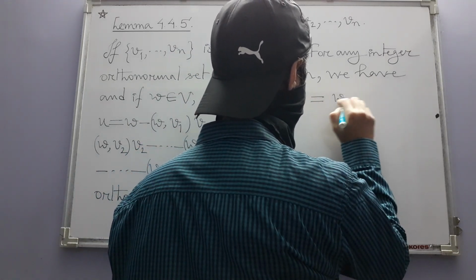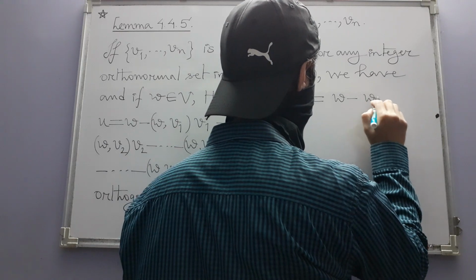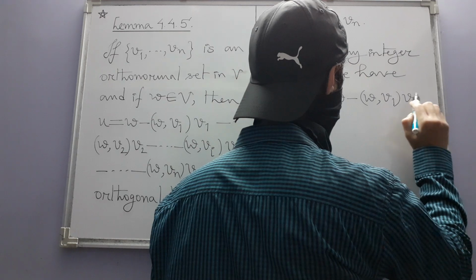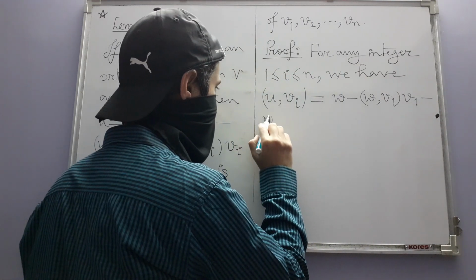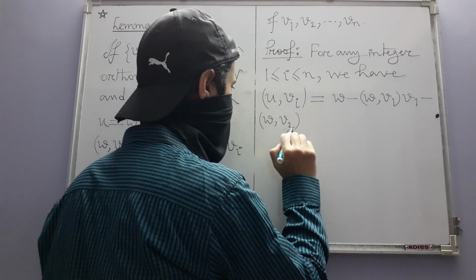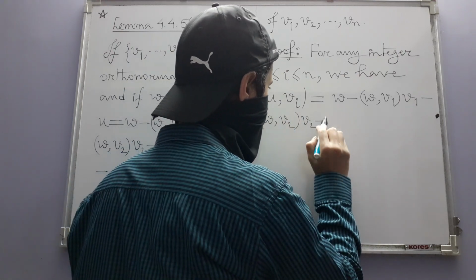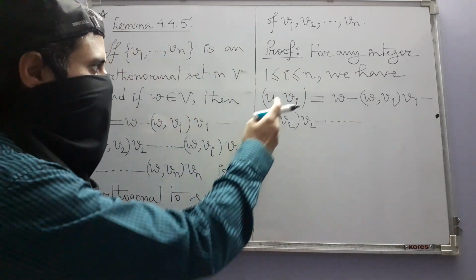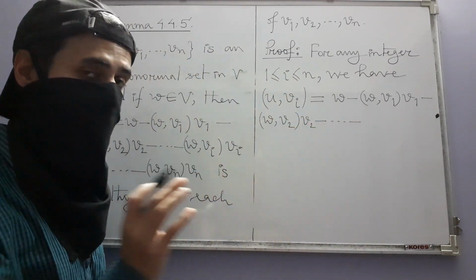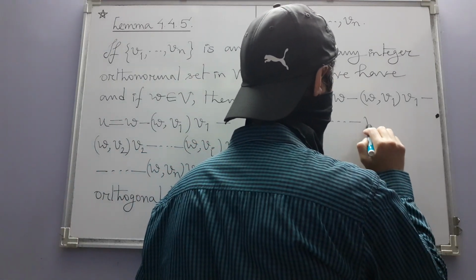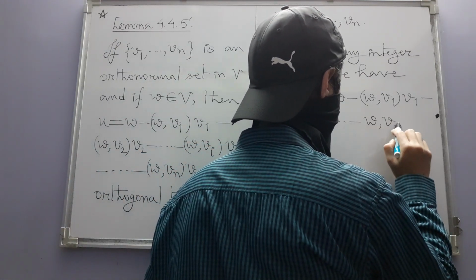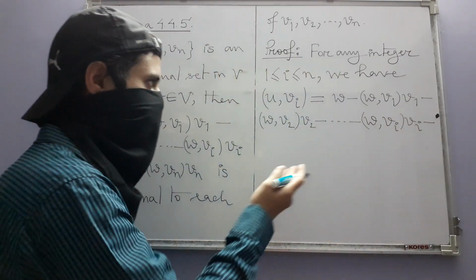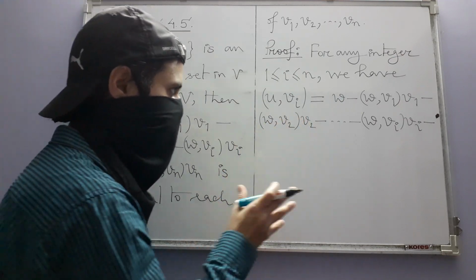So u is w minus the inner product of w and v1 times v1 minus v2 minus, and in the middle somewhere we have this ith term also. Although I say in the middle, but you understand that this i may be 1 also. So it's a general case.